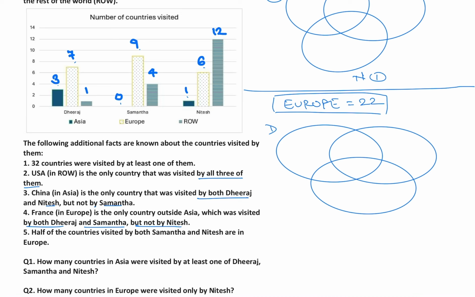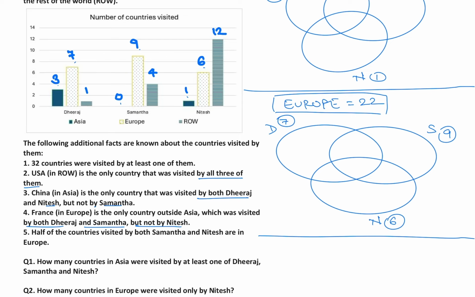So this is Dheeraj, Samantha, Nitesh. From Europe, Dheeraj visits 7 countries. This will be 7. Samantha visits 9 countries and Nitesh visits 6 countries.